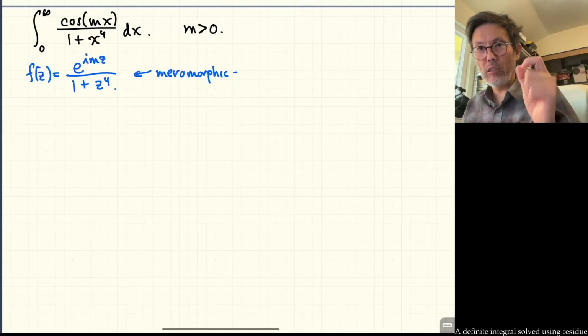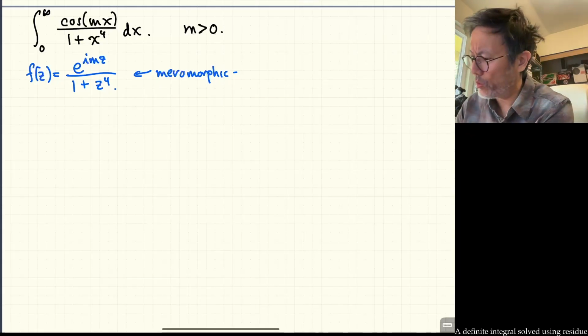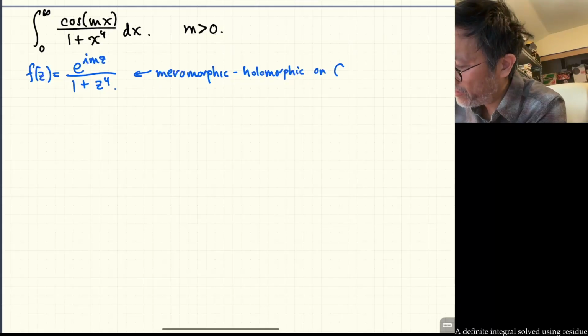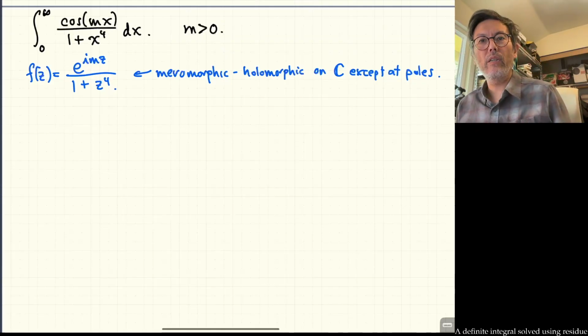That means that it's holomorphic except for isolated singularities, which are poles of finite order. Holomorphic on C except at poles. There are 4 poles, and they are simple poles.